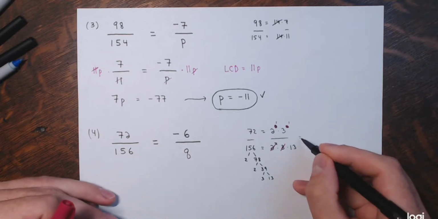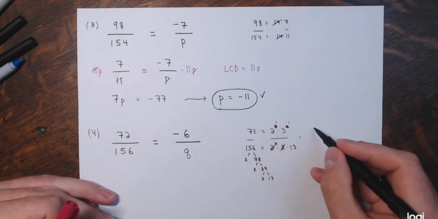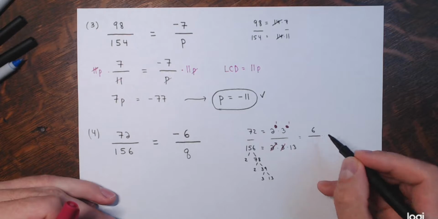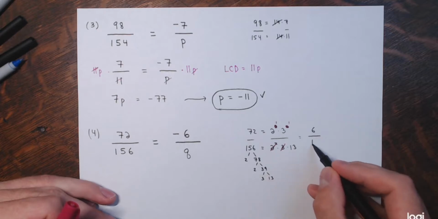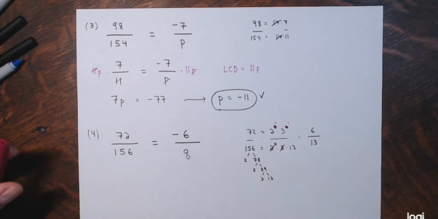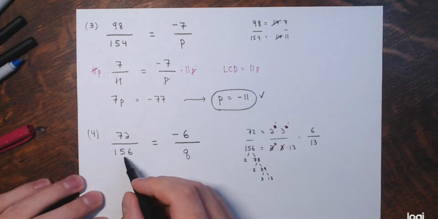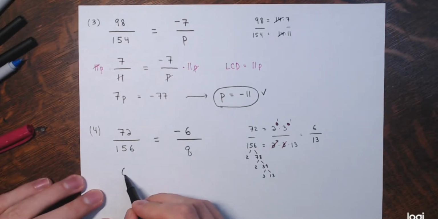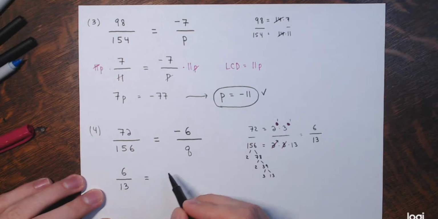So I'm left with, in the numerator, 2 times 3, which is 6, and in the denominator I'm left with 13. So this fraction on the left simplifies to 6/13 equals, and then the other side, negative 6 over q.